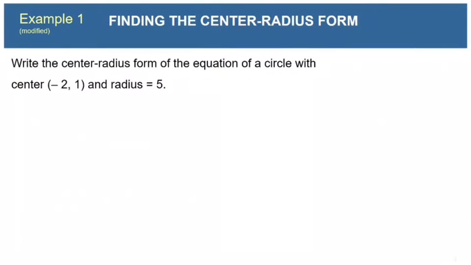Now here's example 1, which I have modified just a little bit from the way the book had it. It says, write the center radius form of the equation of a circle with center at -2, 1 and radius 5. Okay, so we know now that h is -2 and k is 1 and r is 5.